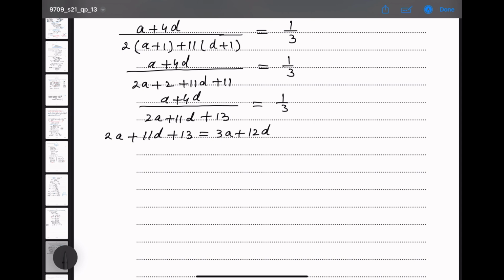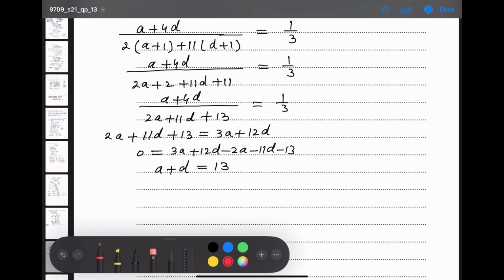After simplifying, we get 0 is equal to 3A plus 12D minus 2A minus 11D minus 13. So we get A plus D is equal to 13. Say this is equation number 1.